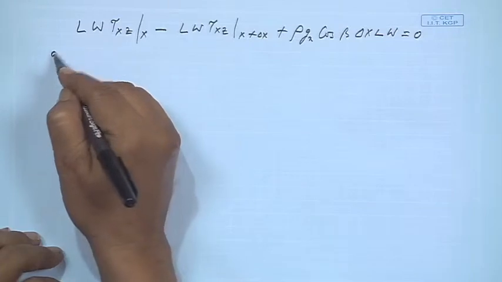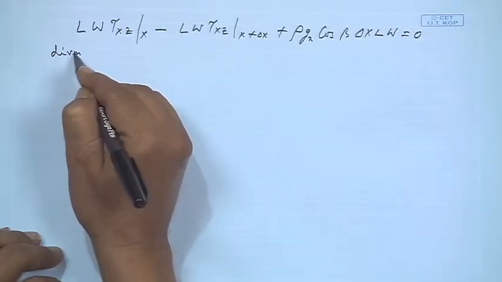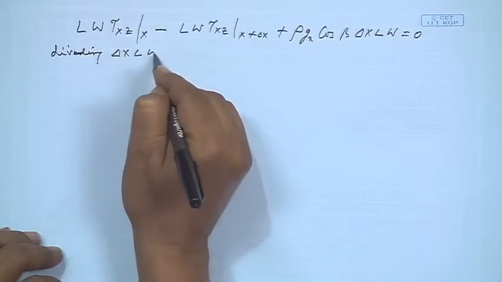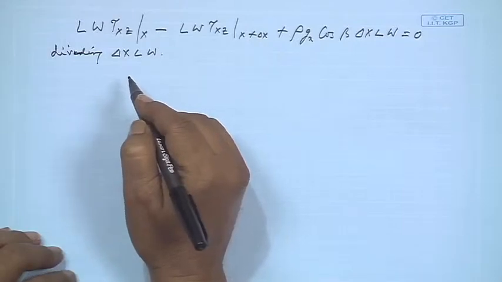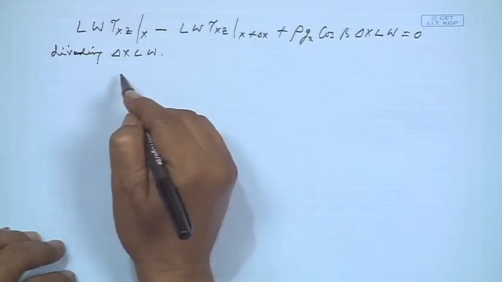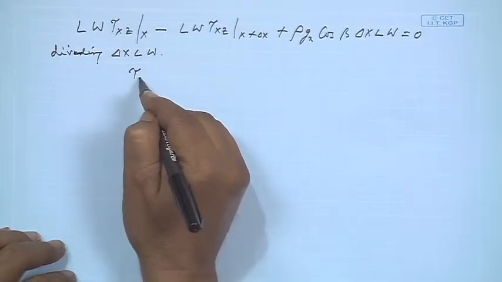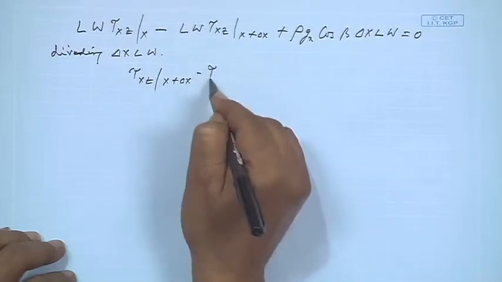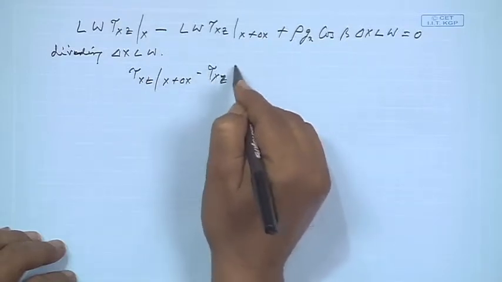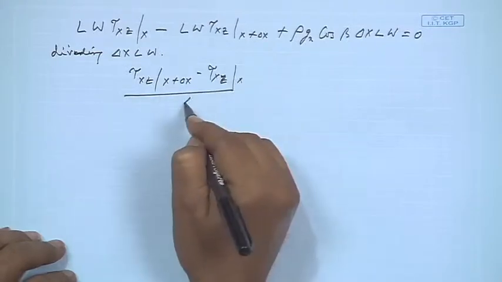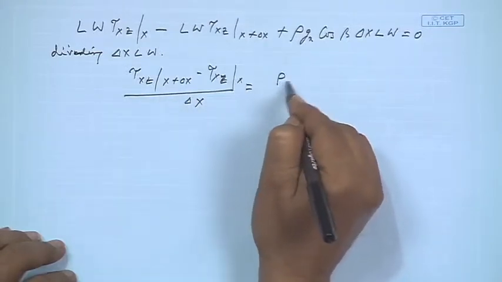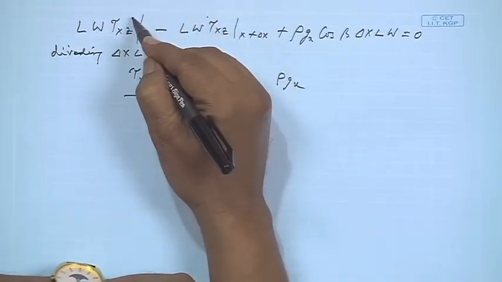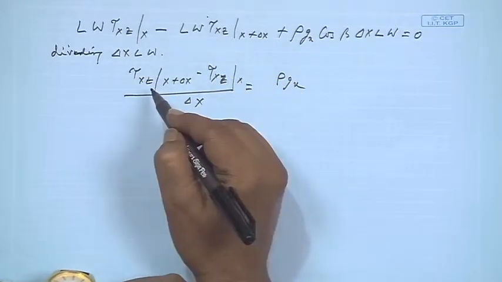Now, dividing both sides by delta x L W, we get tau xz at x plus delta x minus tau xz at x over delta x, equals rho g x, because this difference divided by delta x will make it a differential.